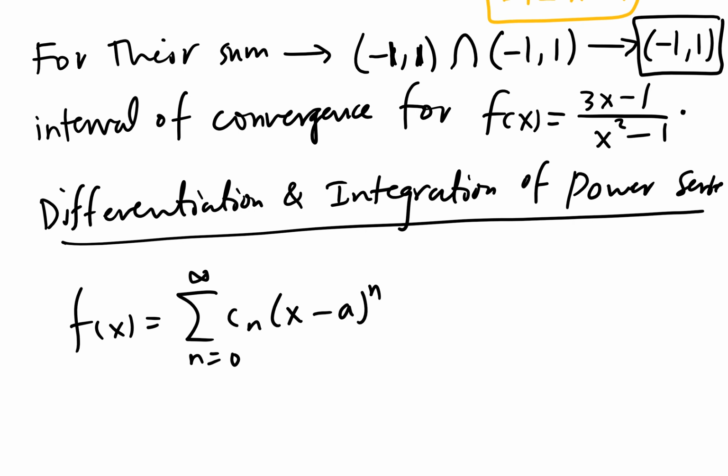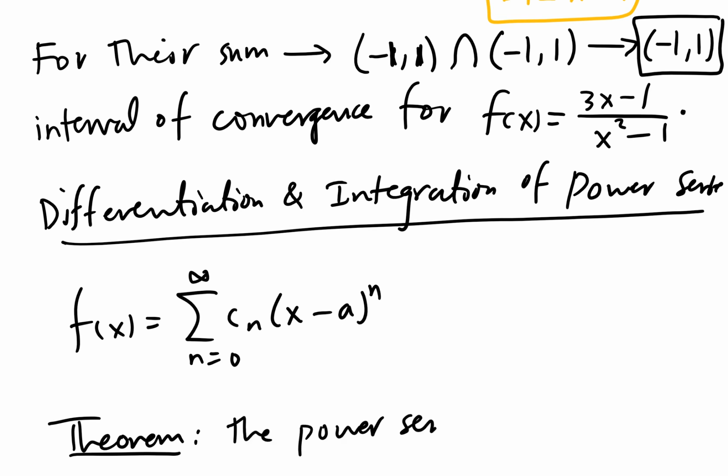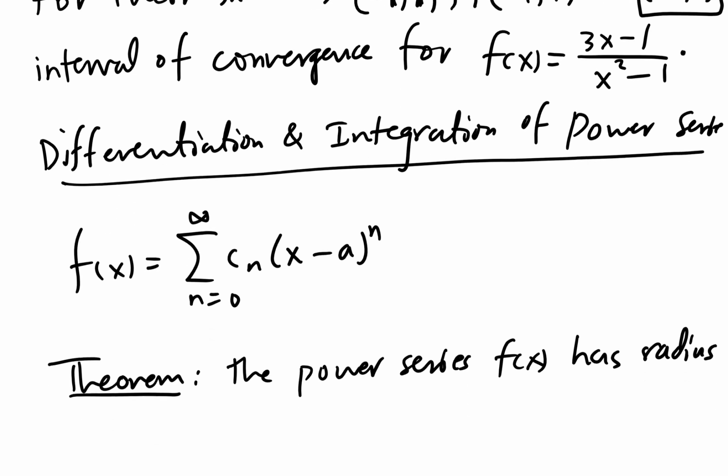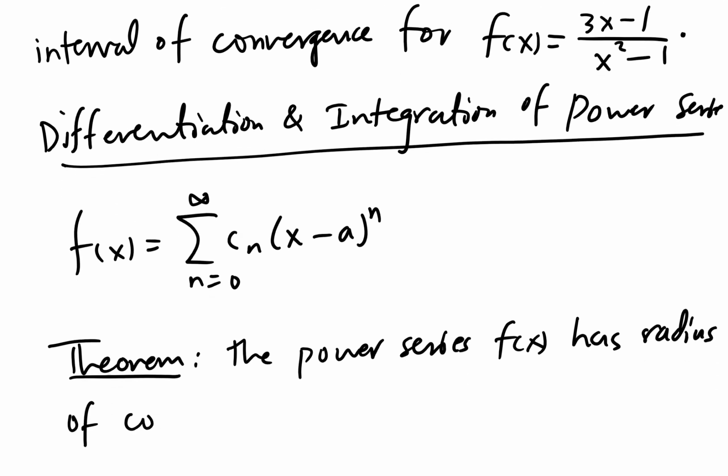Okay. We have a theorem. The theorem about power series said the power series above, which is f of x, has radius of convergence from the previous section. We're going to call it r, bigger than 0.